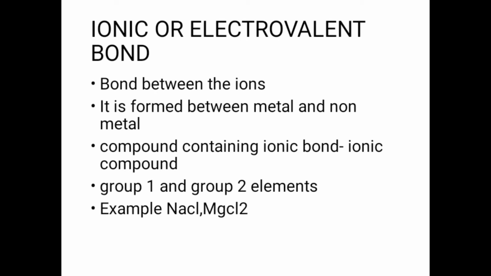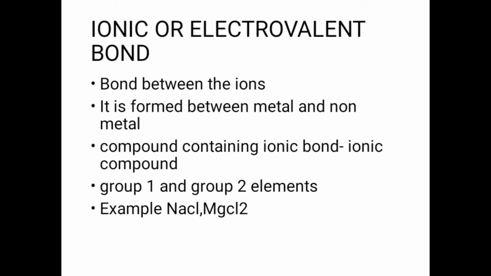It is the bond formed between two atoms where one or more electrons are transferred from the outermost shell of one atom to the outermost shell of the other atom. What do you mean by outermost shell? Valence shell.